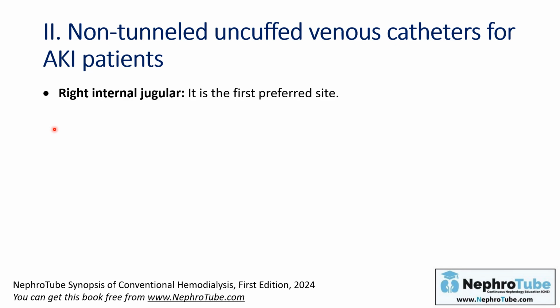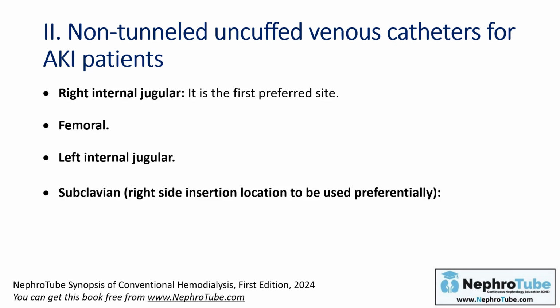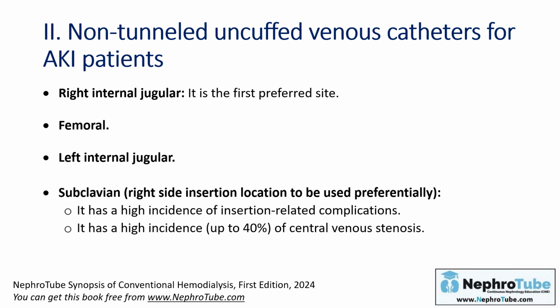The right is preferred over the left because it has a shorter and straight course. Then femoral, then left internal jugular because it has a relatively long and twisty pathway to the right atrium. Then subclavian is the last option because it has a high incidence of insertion-related complications and a high incidence of central venous stenosis.